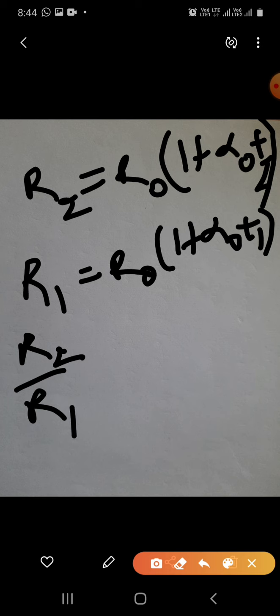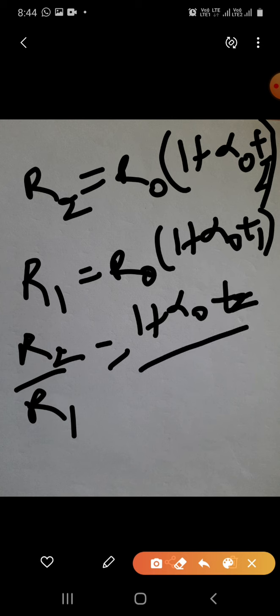And similarly for R1, we can write R0 whole into 1 plus alpha 0 T1. So when I write R2 by R1, it will be 1 plus alpha 0 T2 divided by 1 plus alpha 0 T1.